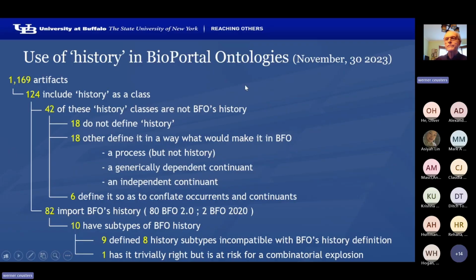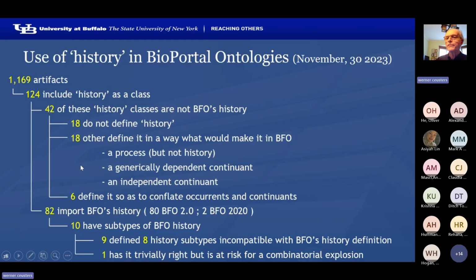Only 124 of them had history as a class inside it. 42 of those history classes are not BFO's history. 18 didn't define history at all. 18, if you would look at them through the glasses of the BFO, then their superclass for history would be a process, but not a history, a generically dependent continuant or an independent continuant. And 6 define it so as to conflate occurrent and continuant.